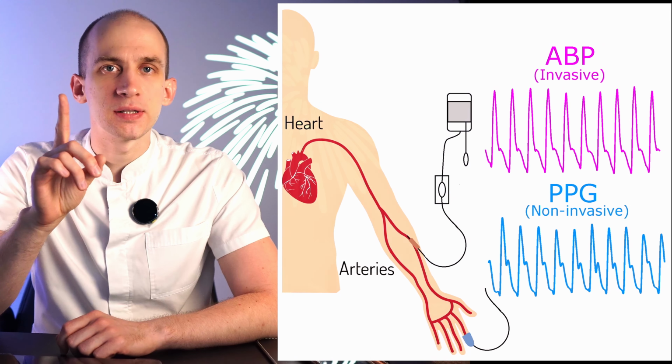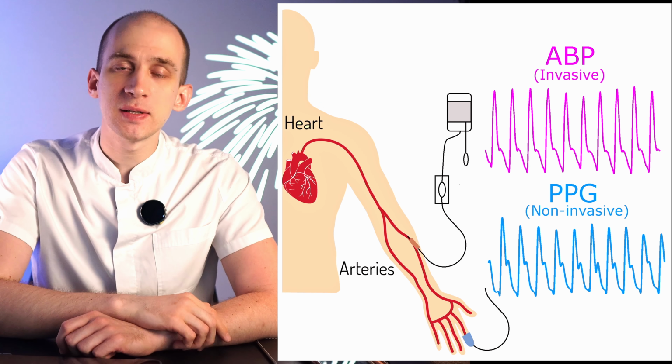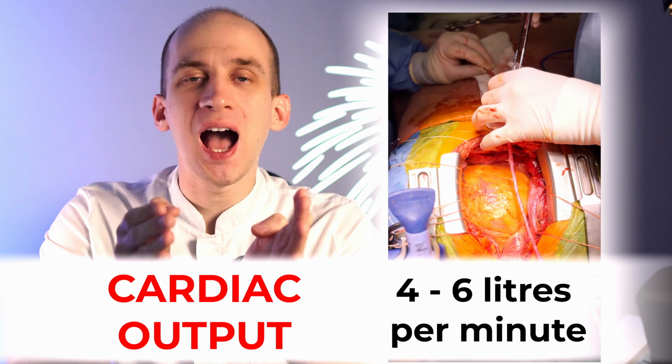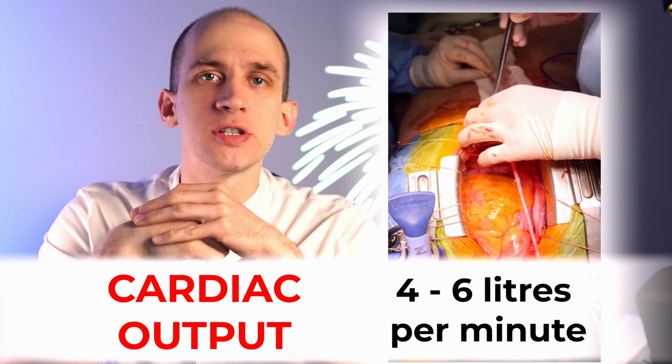So the first huge part of the work of the circulatory system is arterial blood pressure, and the second one is cardiac output. Cardiac output means that the human heart has to pump the proper level of blood, and normally it's from 4 up to 6 liters per minute.